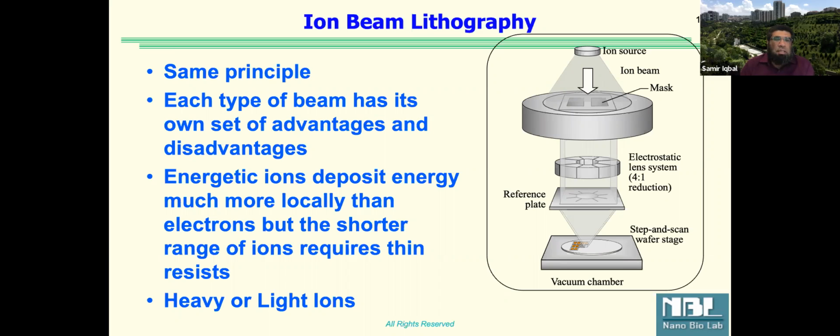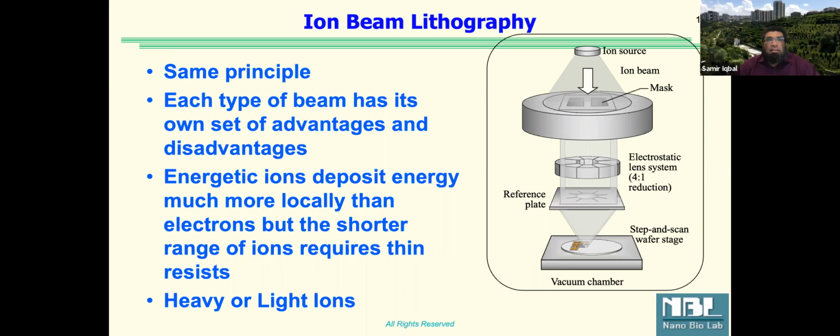You can use one type of ion versus another type of ion. Of course, there is a limited number of ions that we can use, as in what it says, ion source or ion gun. So those energetic ions come with more energy than the electrons would come with, right?